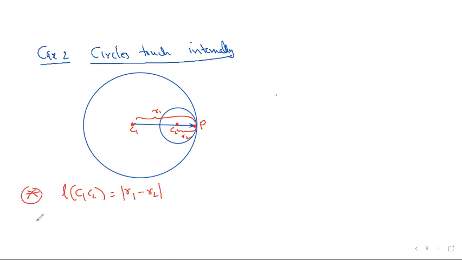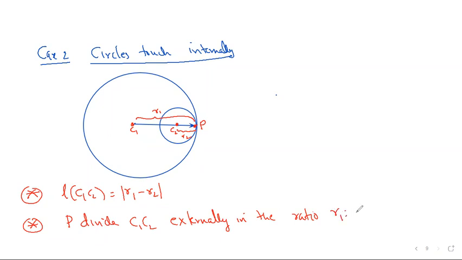What can you say about the point of contact? P will divide C1C2 externally in the ratio R1 is to R2. R1 is the bigger number, R2 is the smaller number.